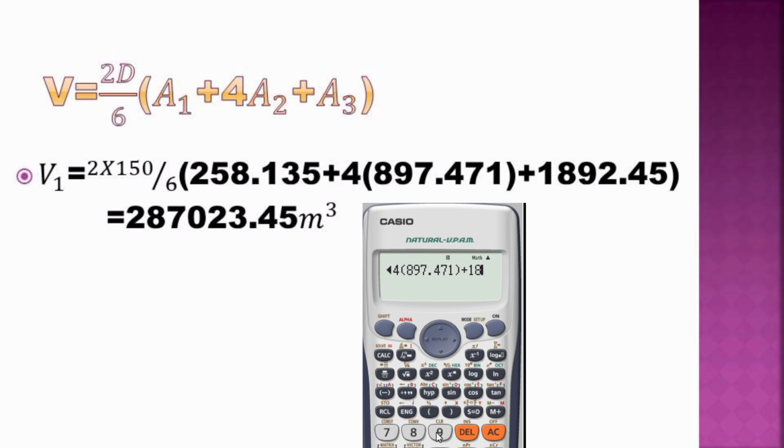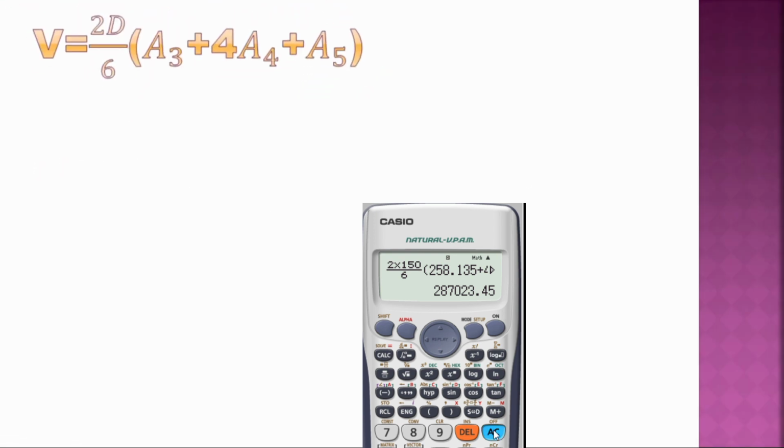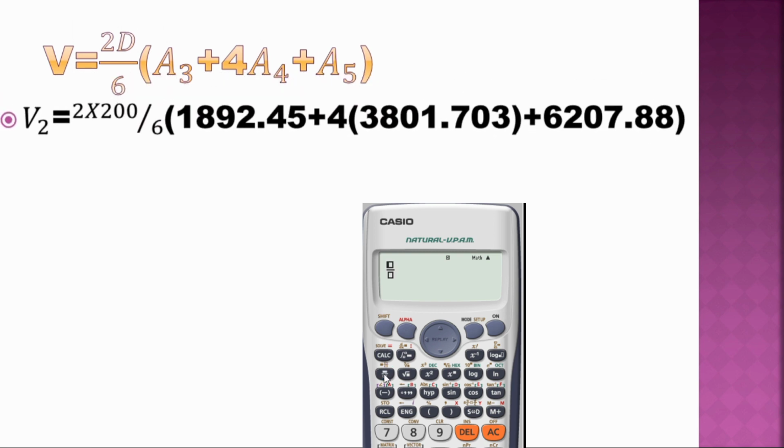Getting our total answer as 287 and 23.45 meters cubed.